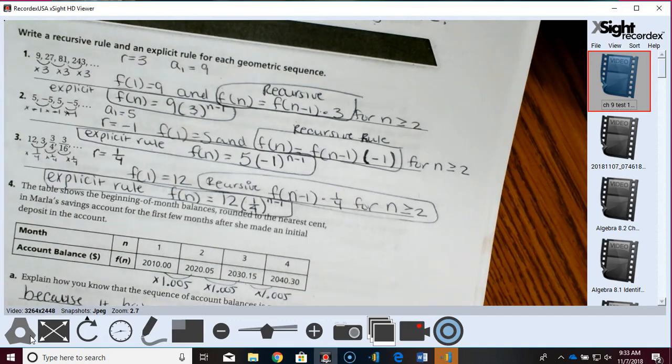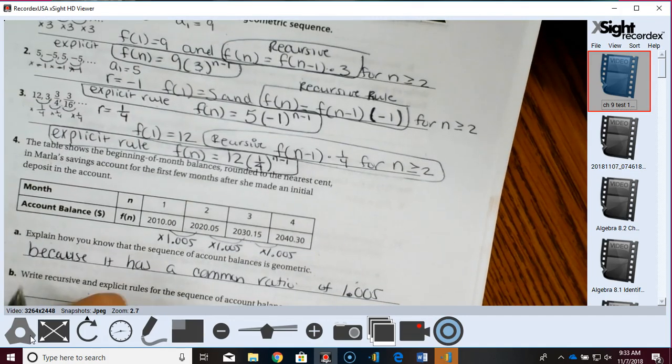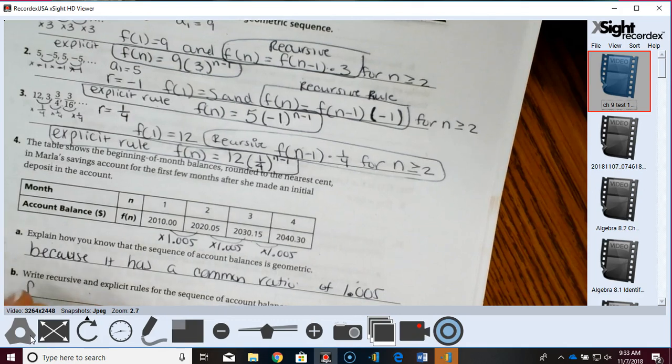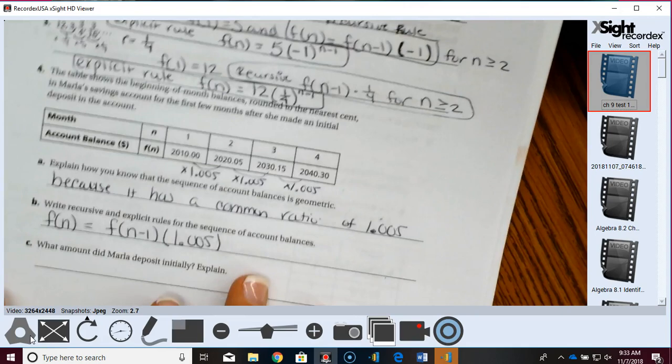The recursive and explicit rules for the sequence of account balances. So your recursive is going to be f of n is the term before it times 1.005, right? The previous term times 1.005.